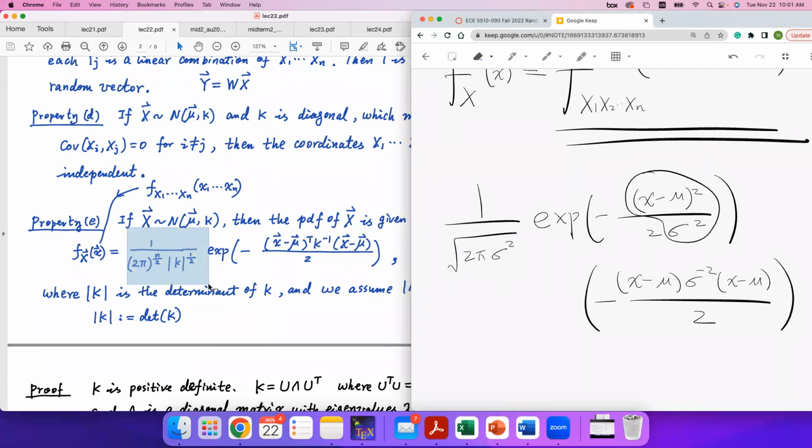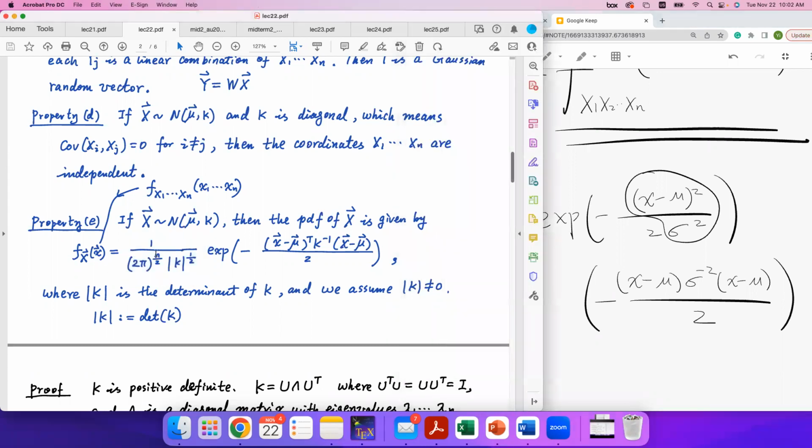And the coefficient part is also very similar. We have the square root of 2 pi, which means 2 pi to the power of 1/2. This 1 represents that we are in dimension 1. But now we have n dimensions, so we need to take this to the power of n.